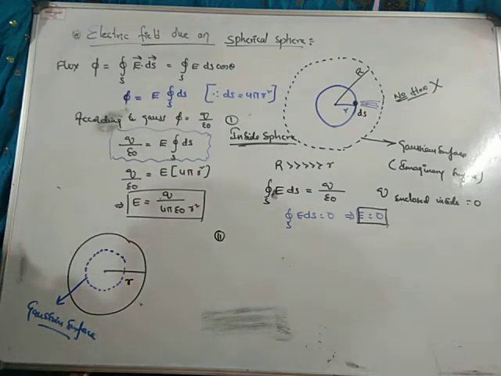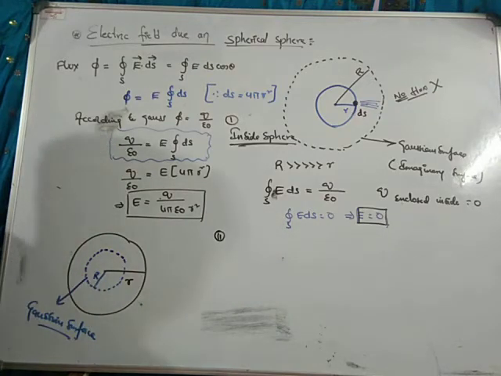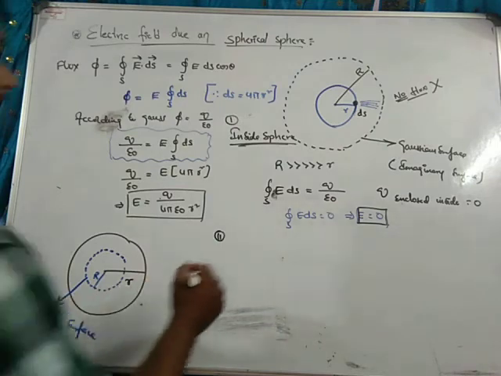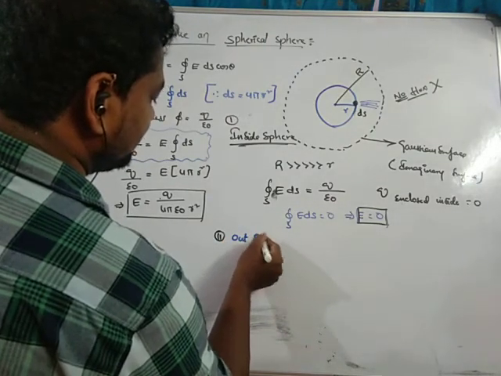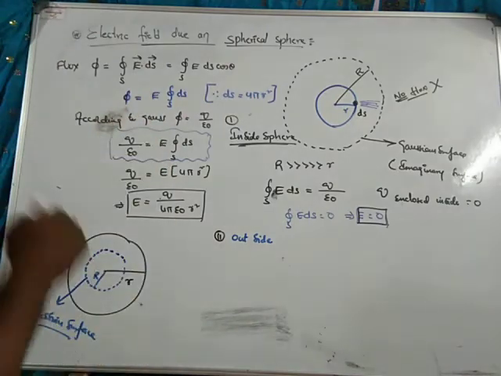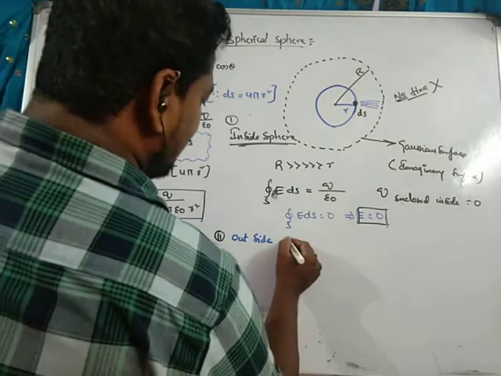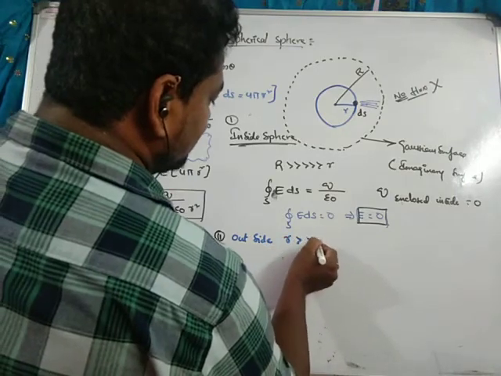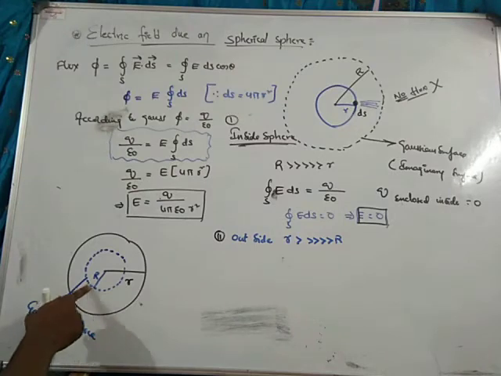It has a radius of capital R. So the second case, we consider the point outside: the sphere will be inside and the Gaussian surface is outside. For this, the R value is more when compared to the smaller r.